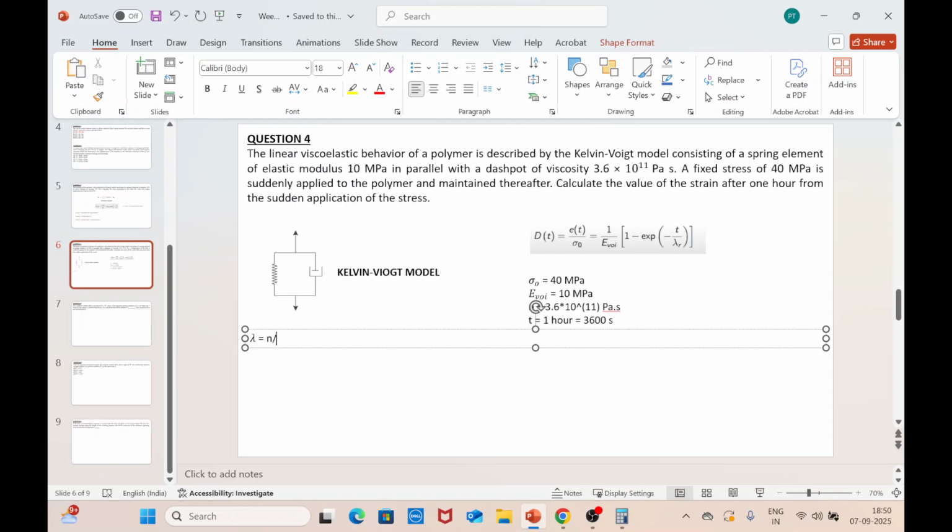It is going to be eta by E, or your viscosity divided by the modulus. So that is nothing but 3.6 times 10 to the power 11 divided by 10 megapascal, so that is 10 to the power 6.